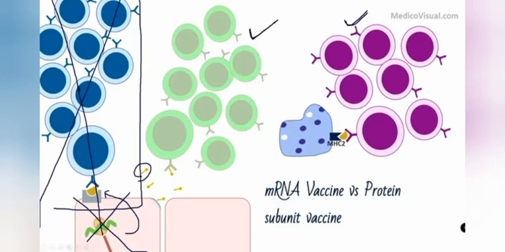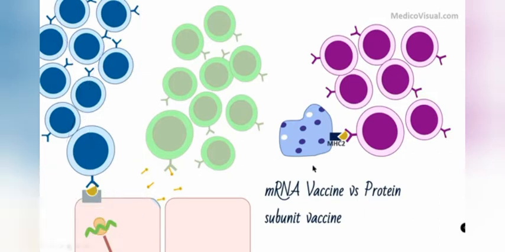Because we are not getting a strong cell mediated immune response, it is not an ideal vaccine, this protein subunit vaccine, because cell mediated immune response is very important in clearing viral infections, in clearing virus from our body, right?